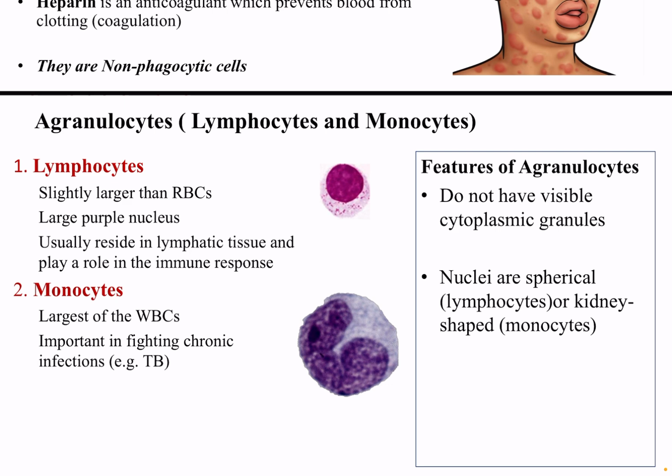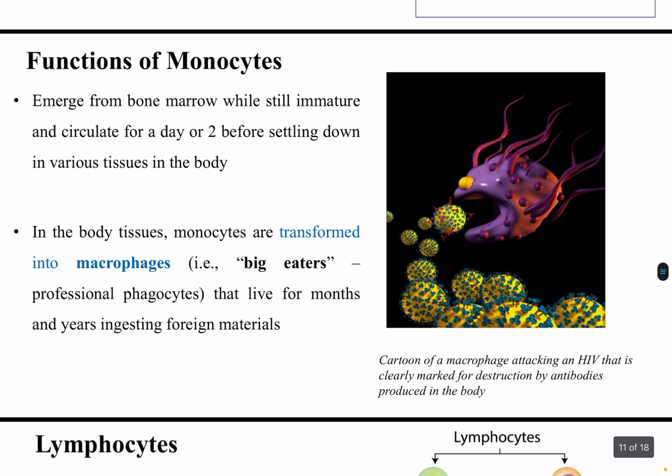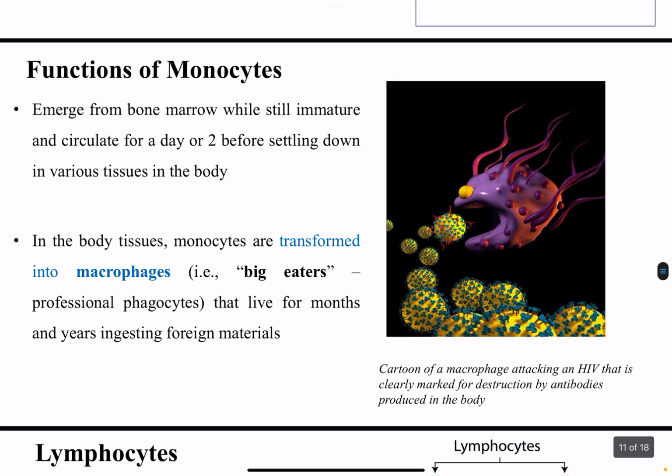The monocyte is the largest cell in the bloodstream. Its diameter may reach up to 22 micron, and it is a highly important phagocytic cell in the body, because it is present in the bloodstream and it migrates to the tissue. It is produced, like the other cells, in the red bone marrow, and it stays only 1 to 2 days in the bloodstream.